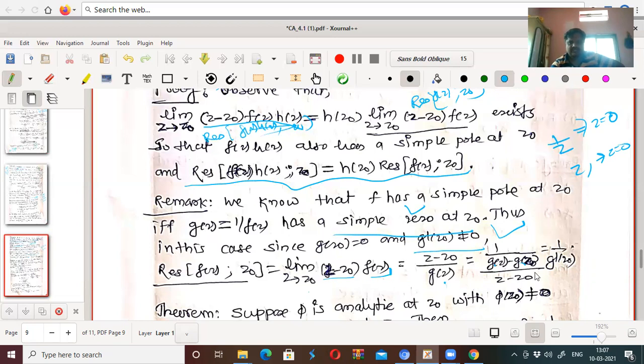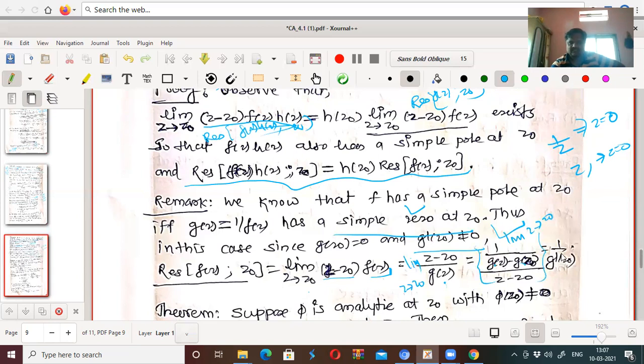This is the limit as z tends to z0, and it is the definition of g dash at z0.